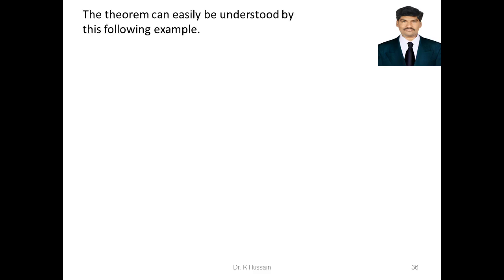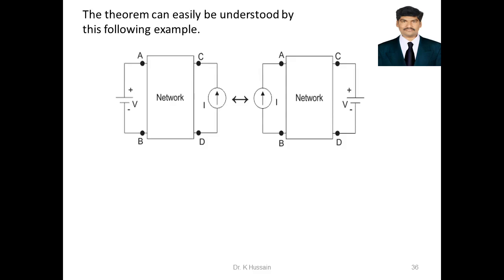The theorem can be understood by the following very simple example. You can see we have two figures here. In the first figure, this is the voltage source, and this is the entire network; sometimes it may be a simple network, sometimes a complex one. And this is the current value, measured by an ammeter. First we find the current value using a conventional method, and then we shift the source to the next branch.